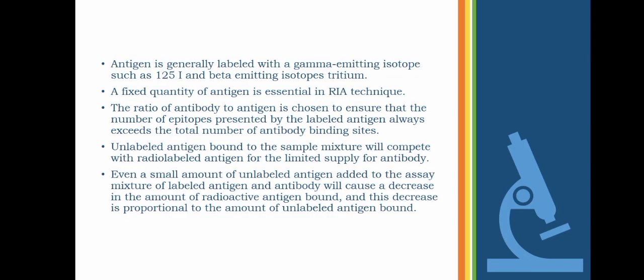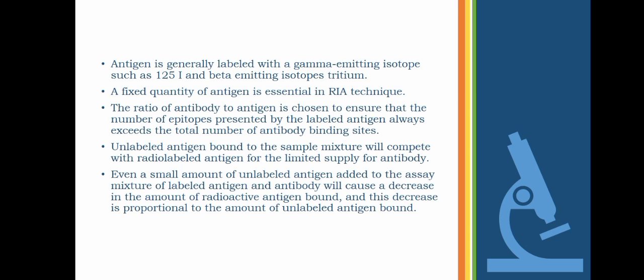In this technique, mainly the antigen which is labeled with a gamma-emitting isotope or a beta-emitting isotope is generally used. We have a fixed quantity of antigen for this technique, and the number of epitopes presented by the labeled antigen always exceeds the total number of antibody binding sites, and the unlabeled antigen in the sample mixture will compete with the radio-labeled antigen for the limited supply of antibody.